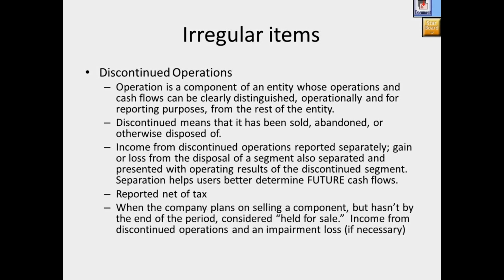I have to report it net of tax, and if you're planning on selling it but haven't quite executed it yet, you still would like to hold it aside and put it down here. You would put all of the assets as held for sale, and all of the income from the discontinued operations, even if you haven't yet executed the sale and experienced the gain or loss. You want to put them down here as soon as possible to tell people, hey, we're planning on selling it even if we haven't fully finished the sale yet.